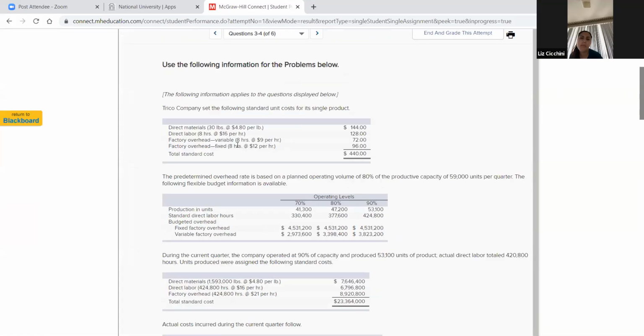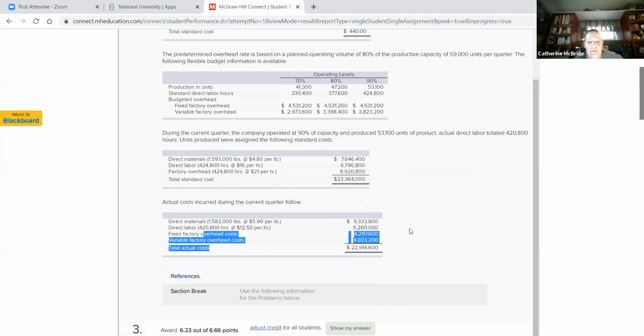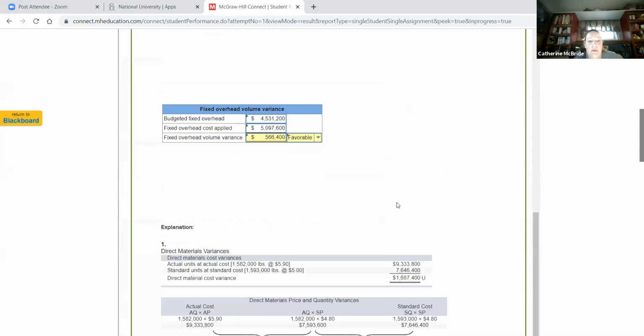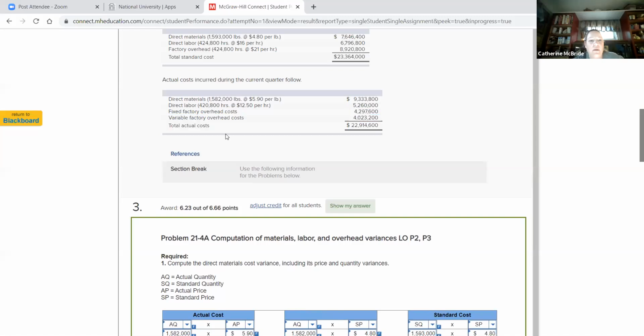We get that by taking the $12 per hour times the actual hours, and the actual hours were 420,800. So if we took the 420,800 times the $12 an hour, that's where you get the 5 million. Whoops, I must have added wrong.